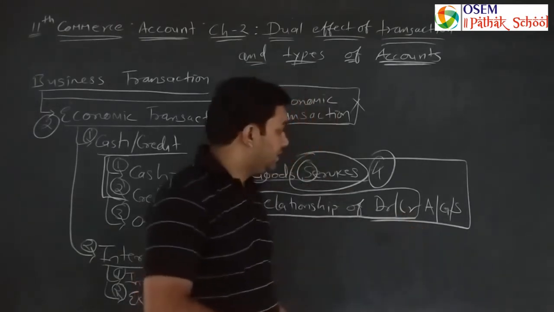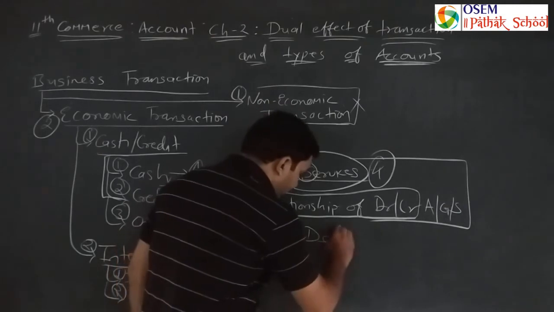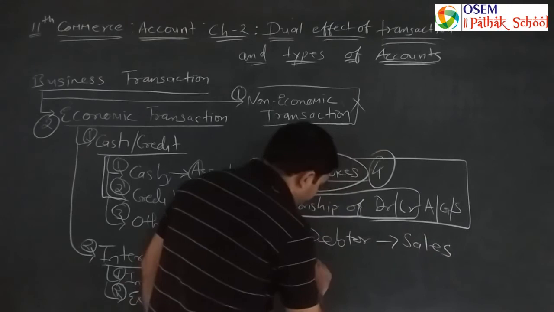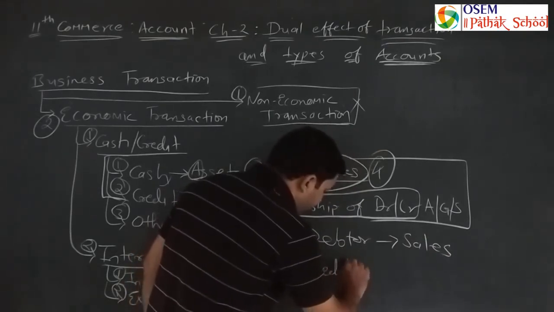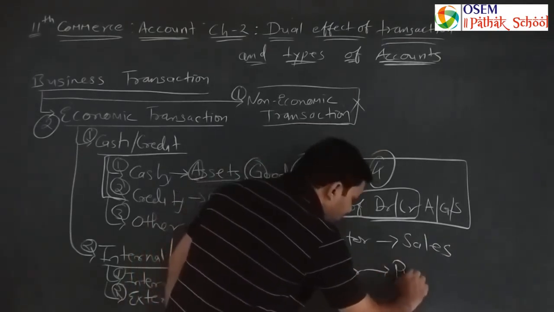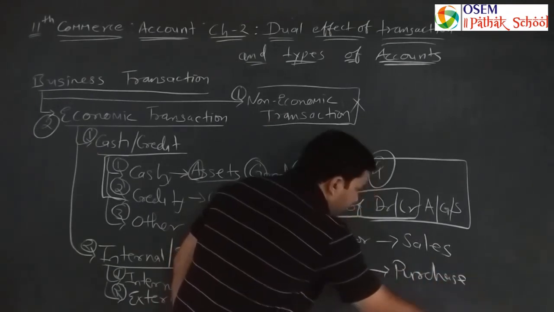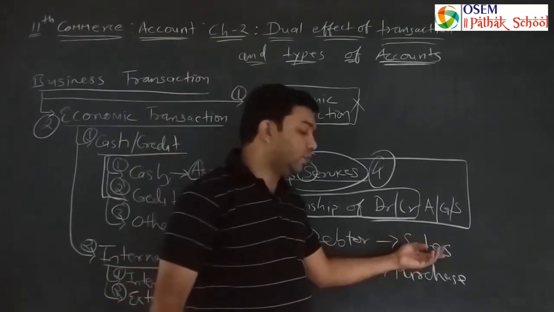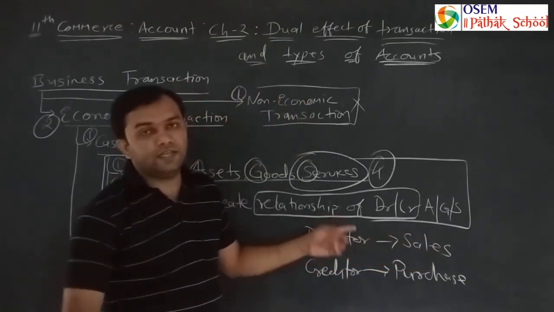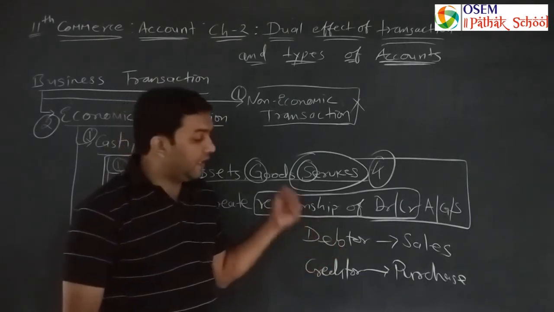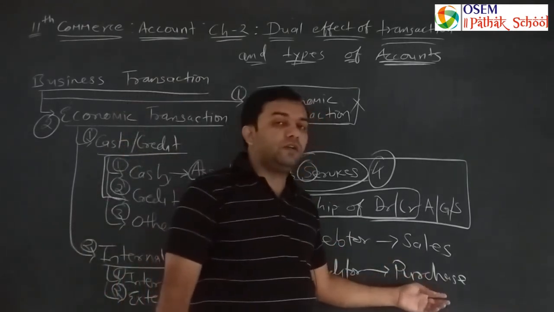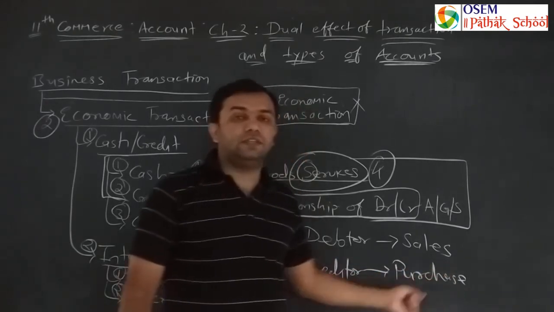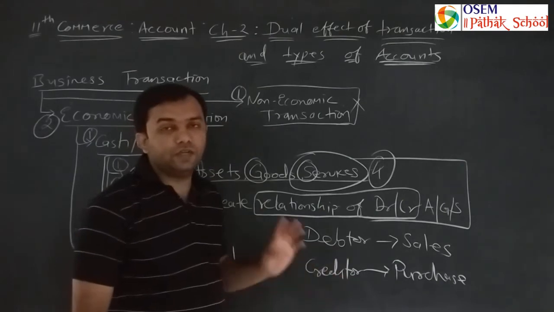So it is debtor related to sales and creditor related to purchase. You need to remember these two relationships. If we are selling the goods on credit, the person we are selling the goods to becomes a debtor, and if we are purchasing the goods on credit, the person we purchased from becomes a creditor for the business.